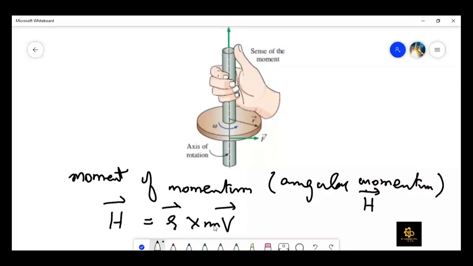by mass, then the cross product with V would denote the angular momentum per unit mass, and the angular momentum of a differential mass.